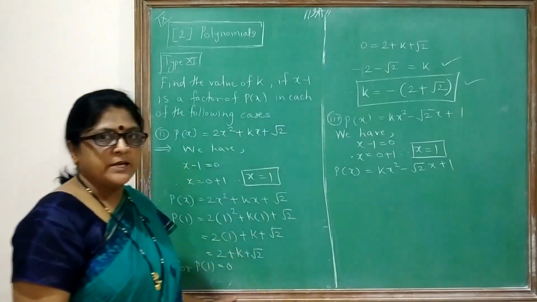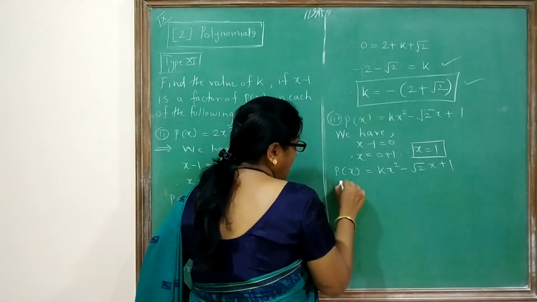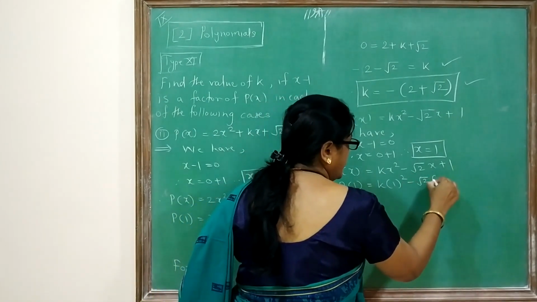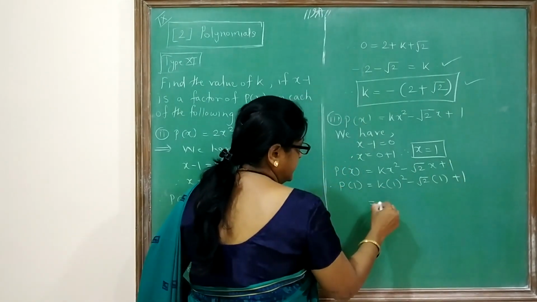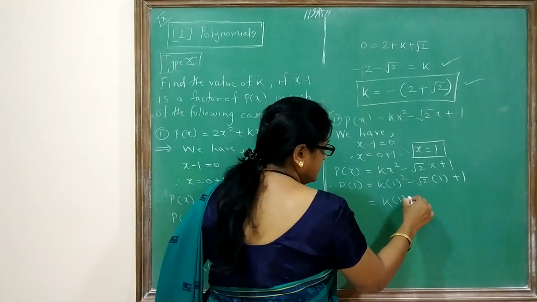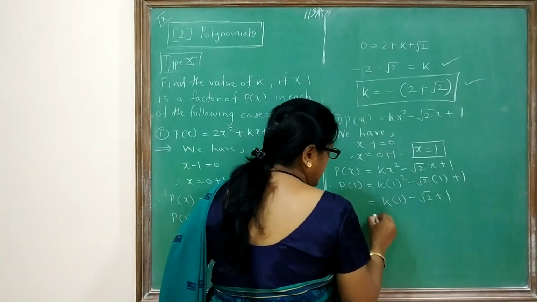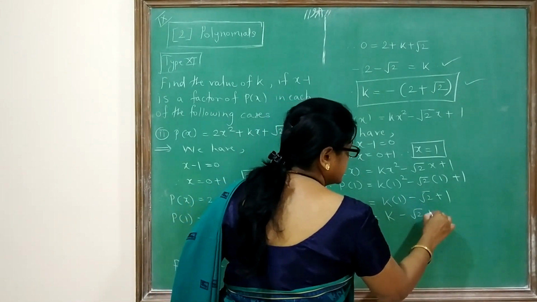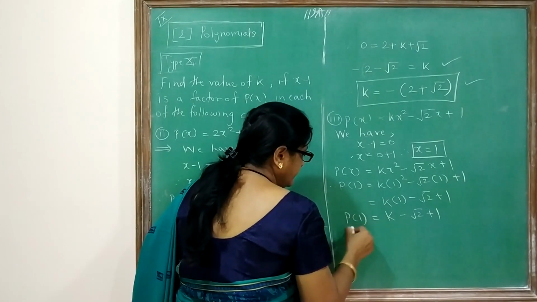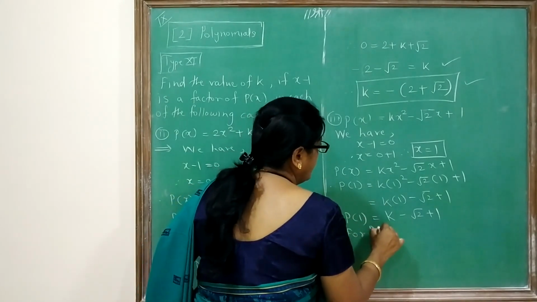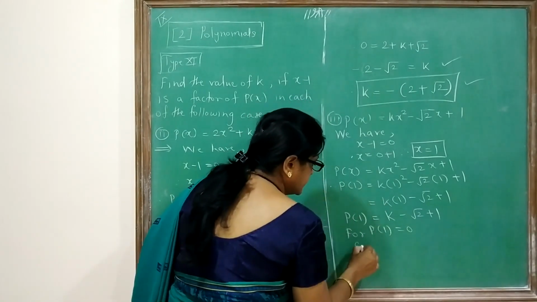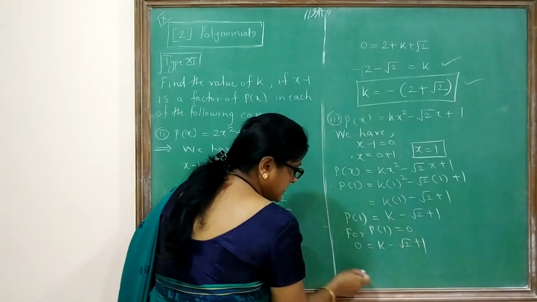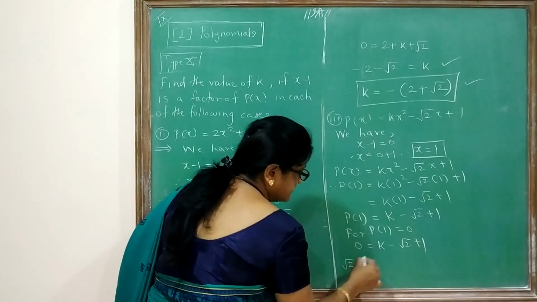In x place we can put 1, then p of 1 equal to k into 1 square minus root 2 into 1 plus 1. Then k into 1 square is k, minus root 2 plus 1, for p of 1 equal to 0, that is 0 equal to k minus root 2 plus 1, and this minus root 2 will be transferred to that side, that is plus root 2.